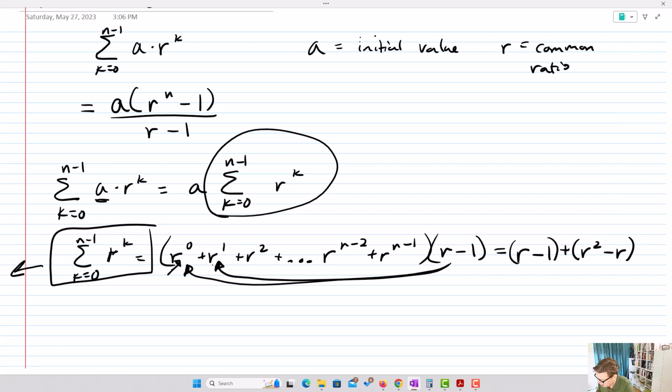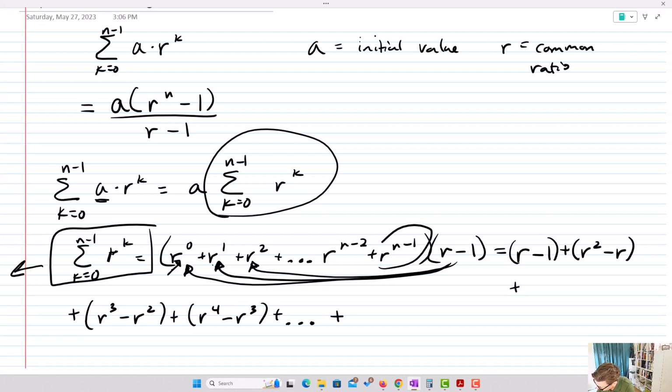Then multiplying r minus 1 by r squared, I add plus r cubed minus r squared. Then I add r to the 4th minus r cubed, and I keep going until I get down to r to the n minus 1. My last term is r to the n minus 1 times r, so it's r to the n minus r to the n minus 1.